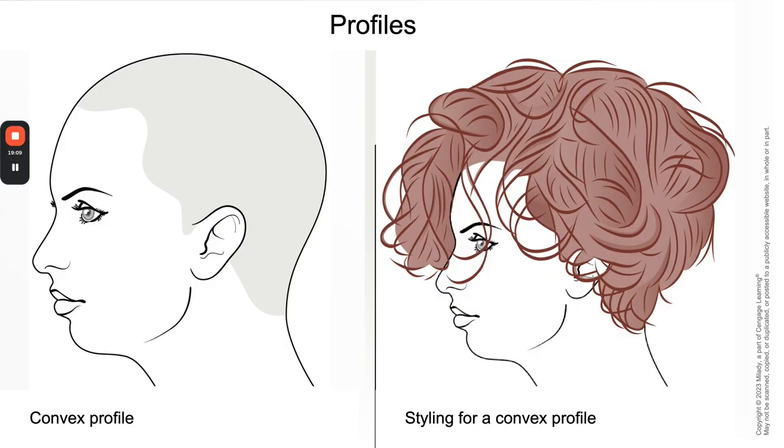It also says to keep the style close to the head at the nape and move hair forward toward the chin area. So basically, don't give them anything upswept for their bang or their forehead area. They need something that's going to mask that. So they probably need some sort of bang. And again, that's our convex profile. So they have a receding forehead and chin.